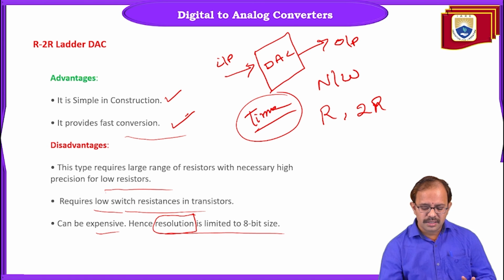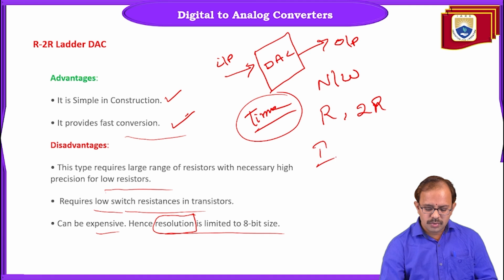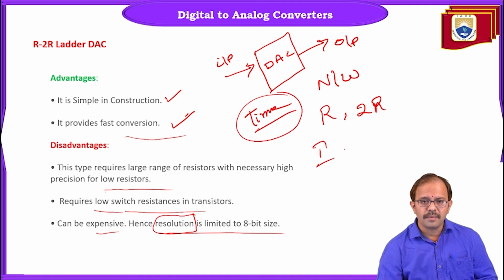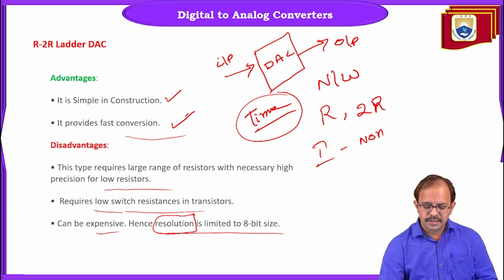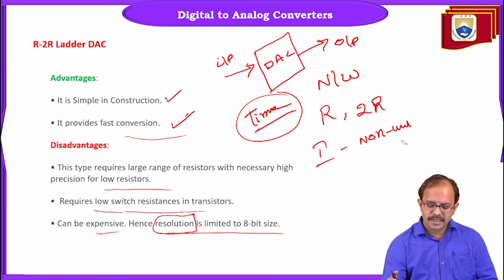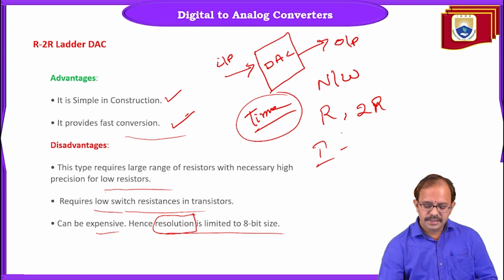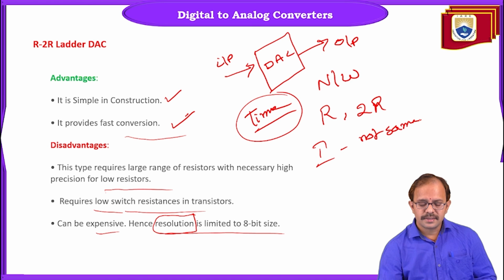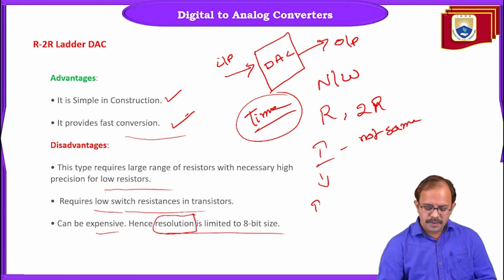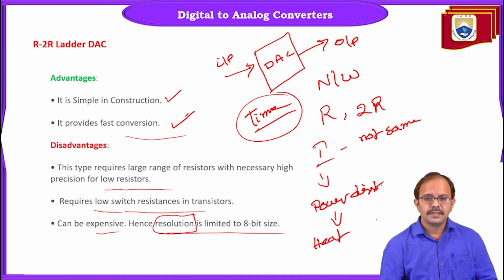So what is the common drawback? The currents through the network are not uniform because we have different resistors. There will be non-uniformity, that means the current through the network is not the same through all the resistors. This leads to a high amount of power dissipation, and this causes excess heat in the circuit.